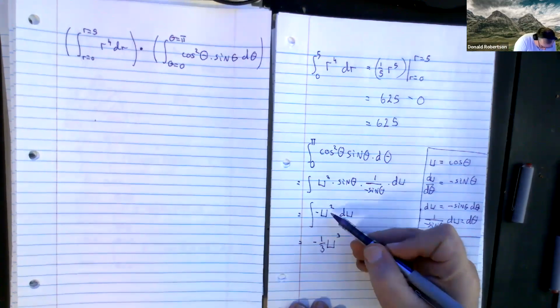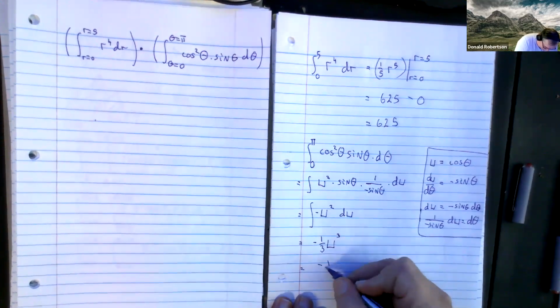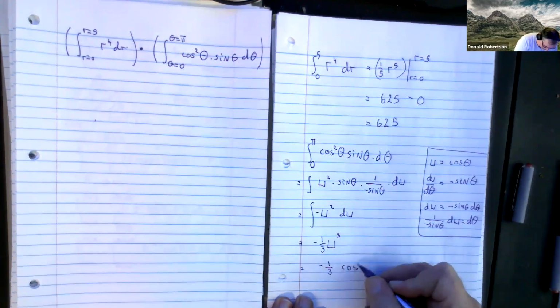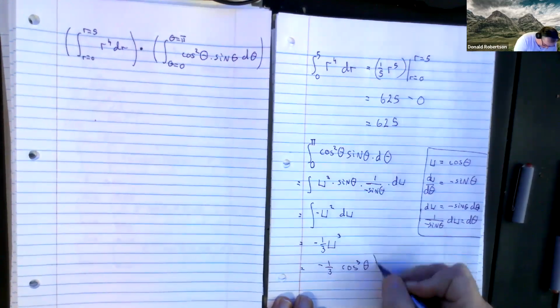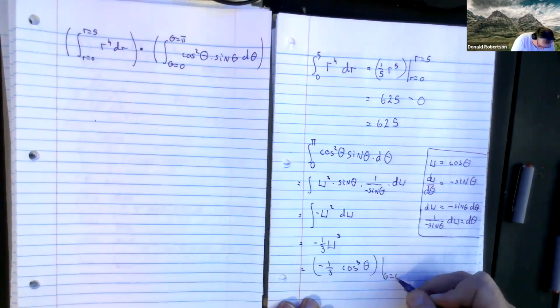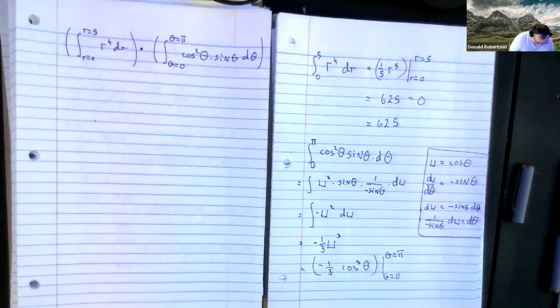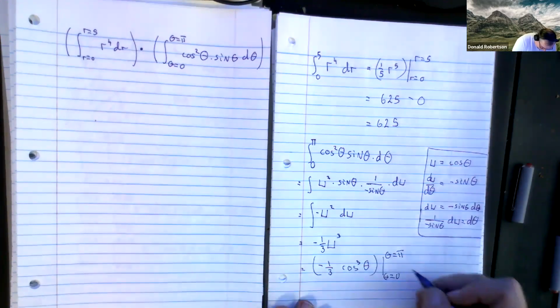Right, so add 1 to the power, divide by the new power, looking good. Replace it back into thetas. And then at this point, you can do theta equals 0 to theta equals pi. And what does that get me?